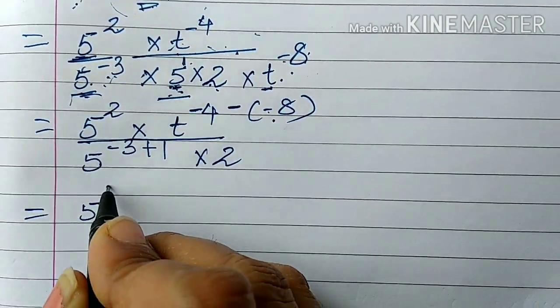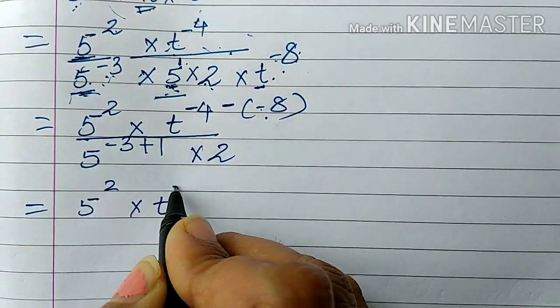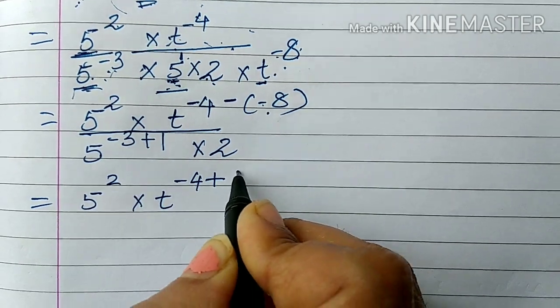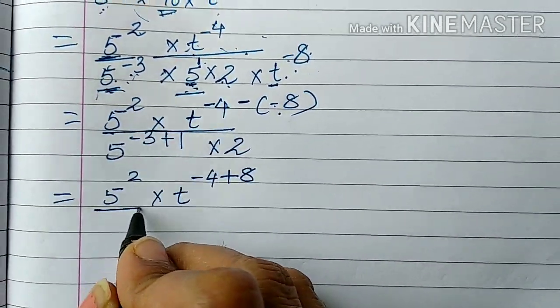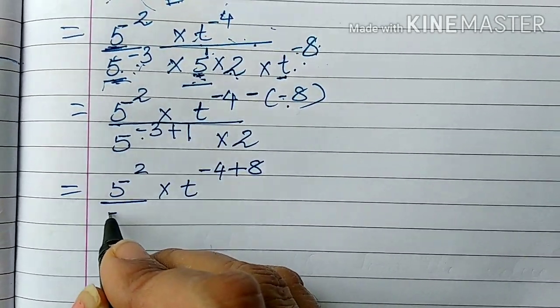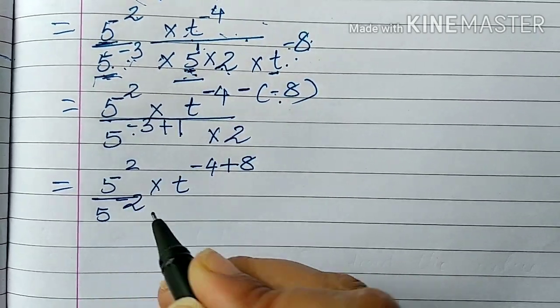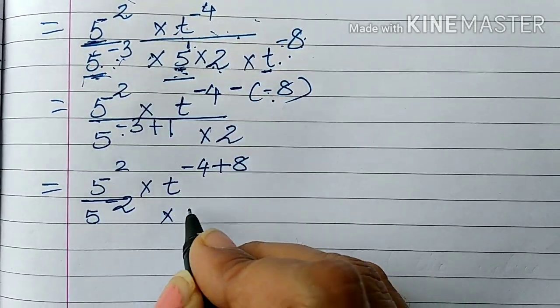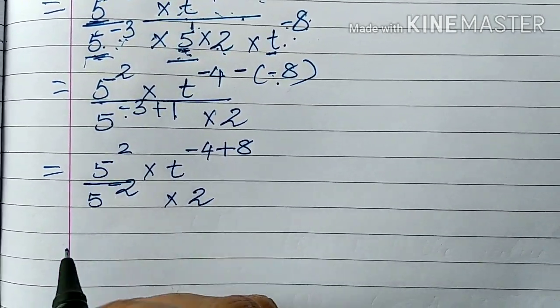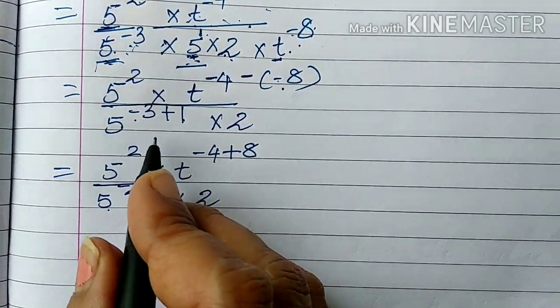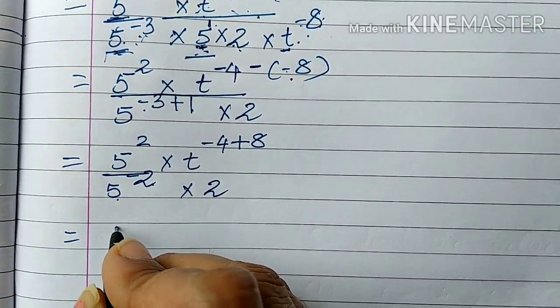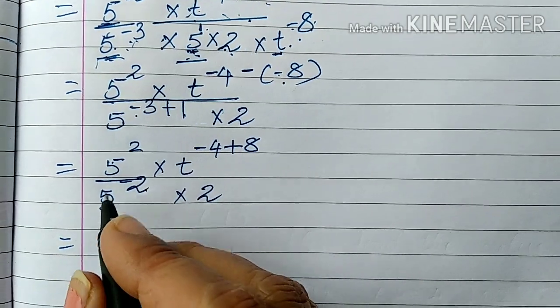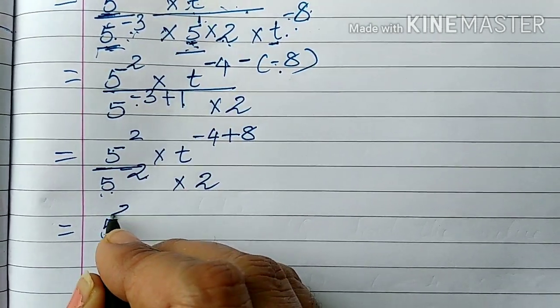Now 5 raised to 2 into t raised to minus 4, minus will convert into plus 8, upon minus 3 plus 1 is 5 raised to minus 2, multiplied by 2. Now this 5 raised to minus 2, you can use the division method: bases are the same and divide, so powers are subtracted.